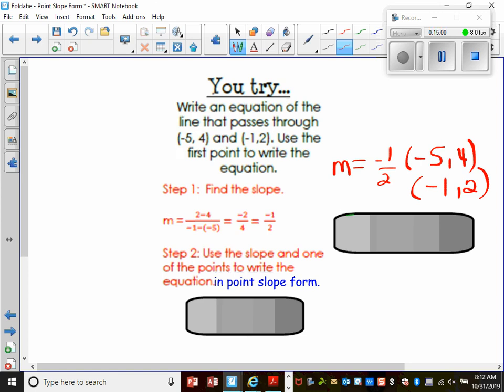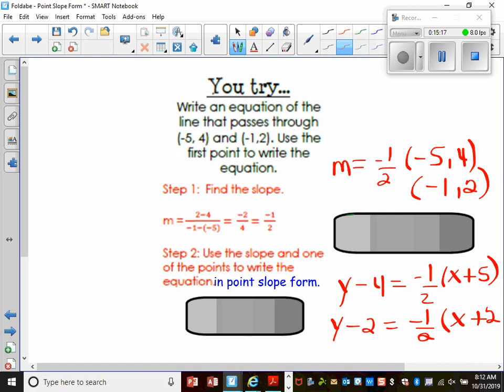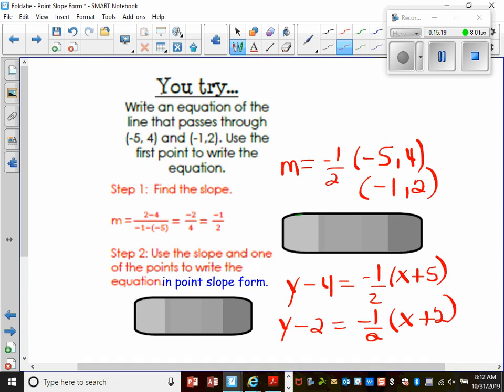All right, so the first one, you should have y minus 4 equals -1/2 times x plus 5. And for the second one, y minus 2 equals -1/2 times x plus 2. All right, how did we do on that? All right, great. Very good.